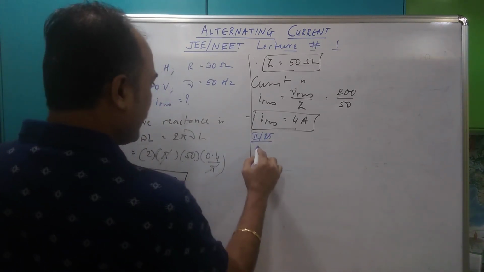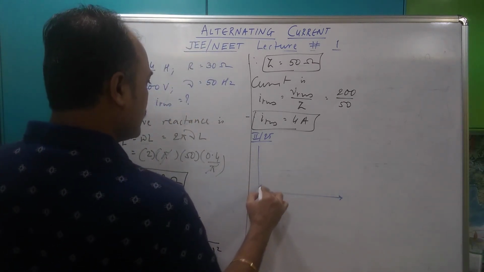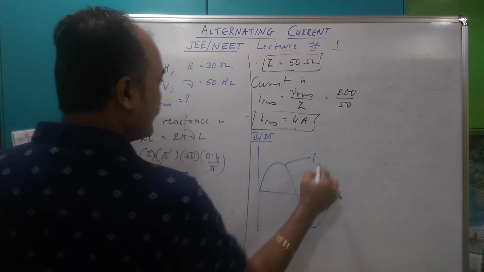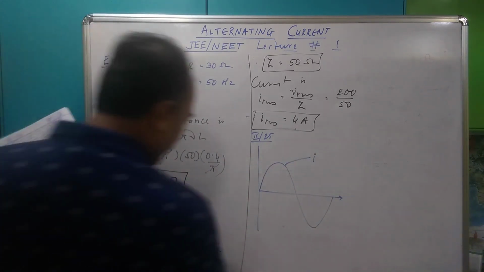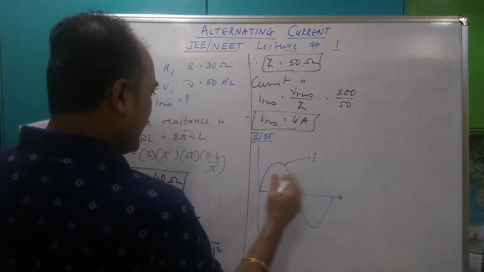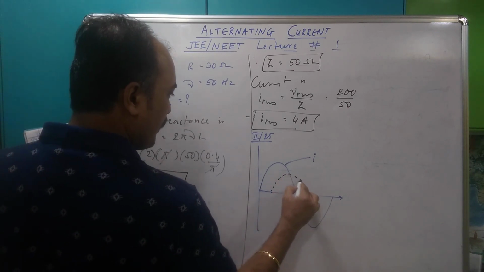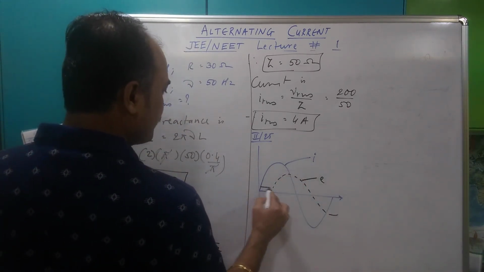Okay, I have drawn this graph. This is current. For the first time I can see this is current, and the EMF is moving around. EMF is here somewhere. They've called it E, and this is phi.